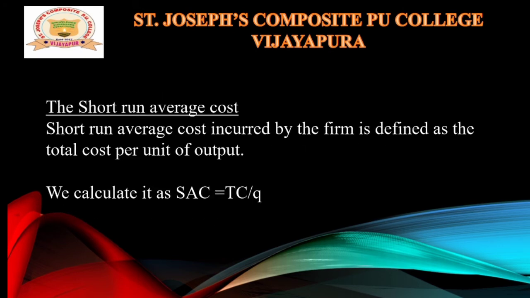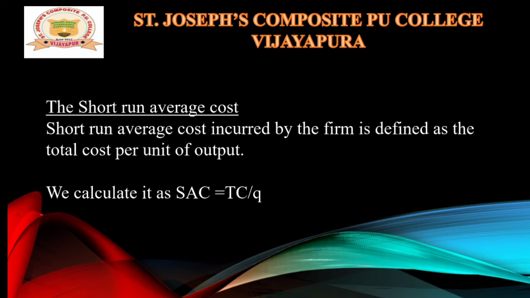Next one, short run average cost or AC. Under the short run average cost, the cost incurred by the firm is defined as total cost per unit of output.